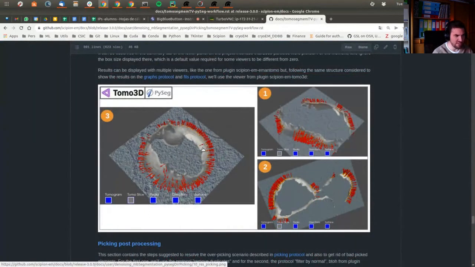Indeed, he showed both representations, the ParaView one and this one. As you can see, you can represent the picks, which are the coordinates of the picked particles, as small orange spheres, the directions, which are the normals, and the surface, which is the representation of the membrane.